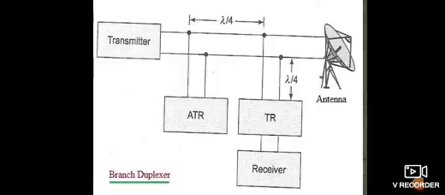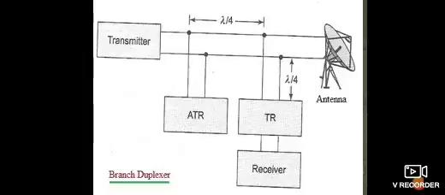So when we have some signals to be passed from the transmitter to the antenna, these two tubes are going to be activated. Whenever the transmitter has some signals to pass, the TR tube is going to be short circuited. It is not an open circuit, it is a short circuit.